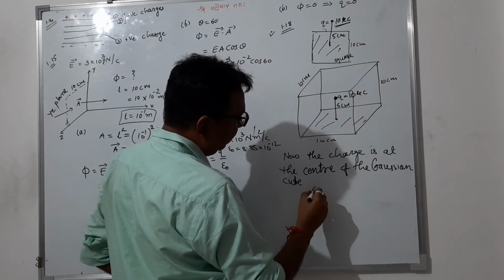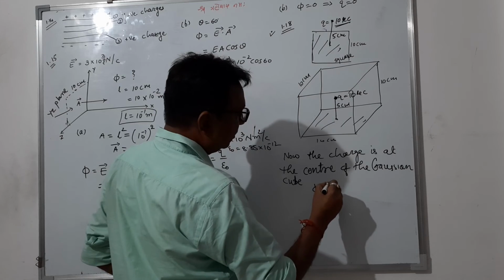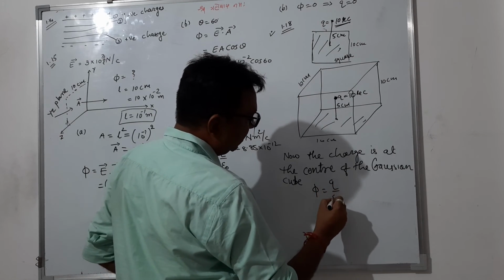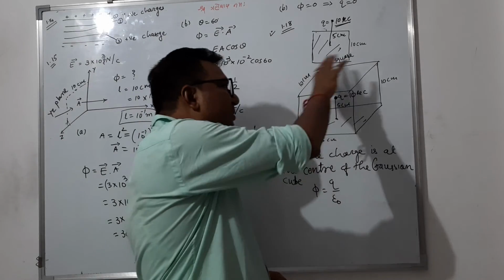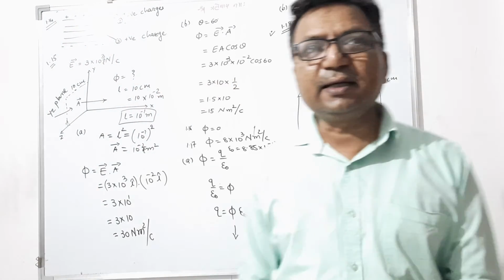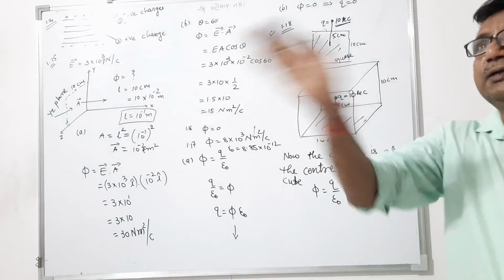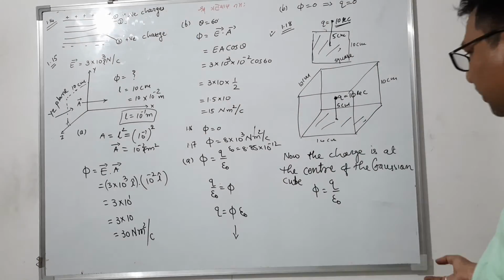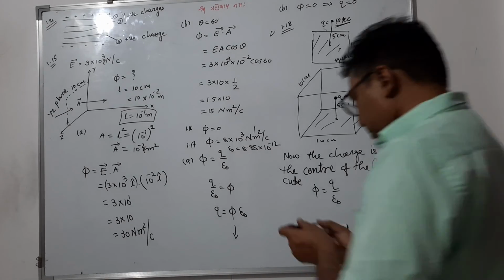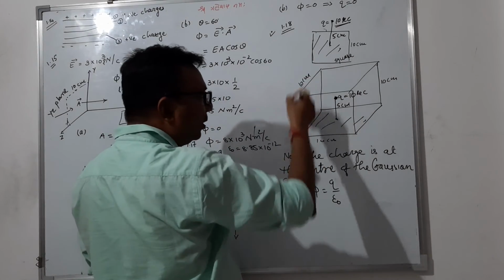So flux is equal to Q upon epsilon 0. But you can see this cube has 6 sides, 6 surfaces. But you have to find out for only one. So this flux is for the whole cube.